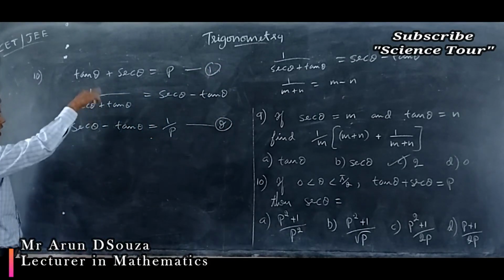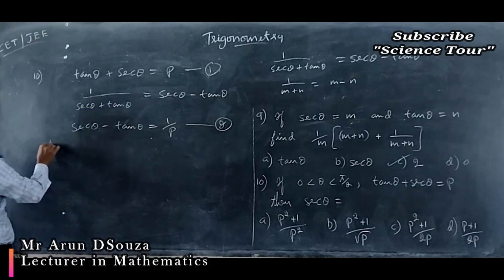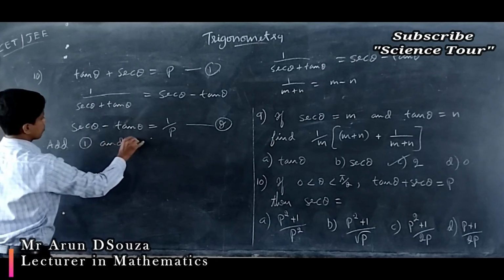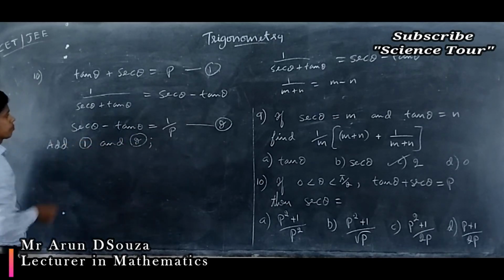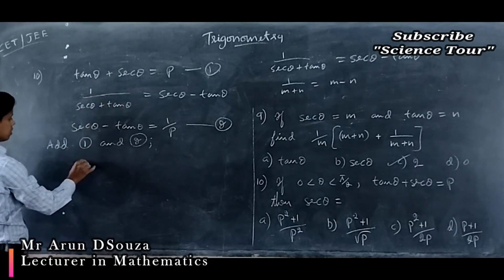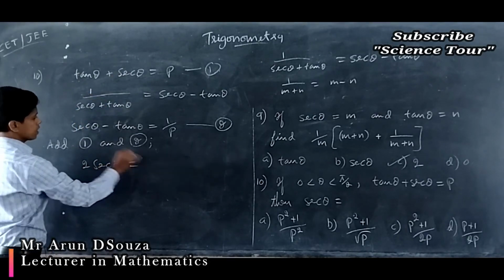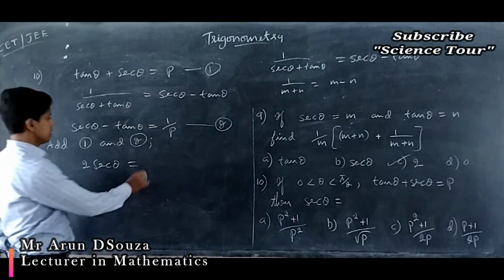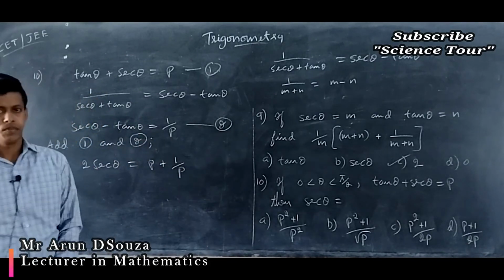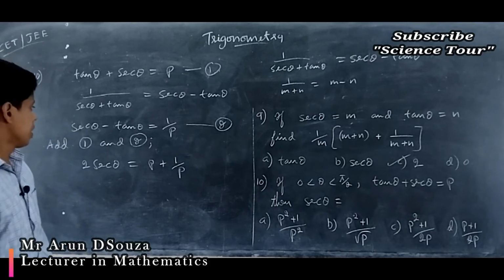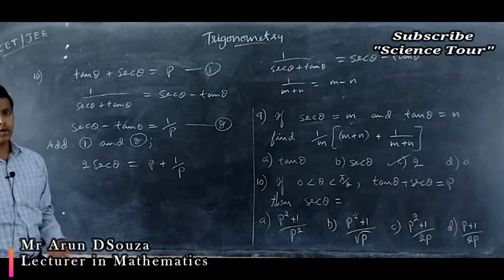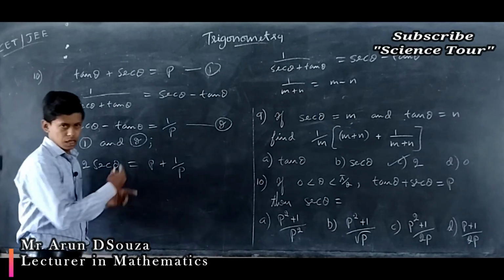Now if you add 1 and 2, what are you getting? Here tan theta and tan theta cancel, sec plus sec is 2 sec theta, right, and that is like p plus 1 by p in the right hand side. Well, now what you have to simplify is only the right hand side, and we need sec, therefore 2 also has to be brought to the right hand side.